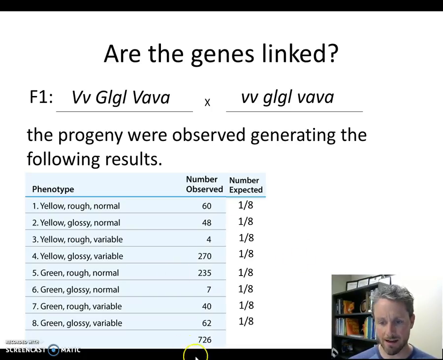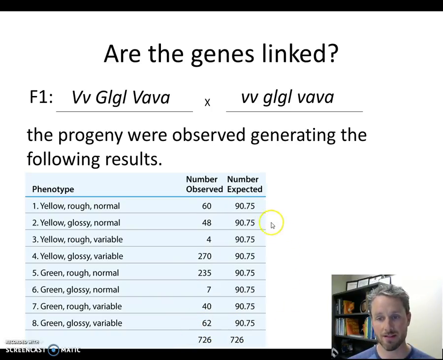So we know we're looking at a total of 726 offspring. What is 1/8 of 726? Well, it's almost 91 of each. We should expect to see 91 of each phenotypic class if we counted these offspring. And I think right away you can see that this data, what we observed, doesn't really match.